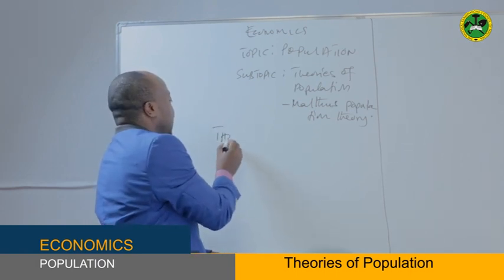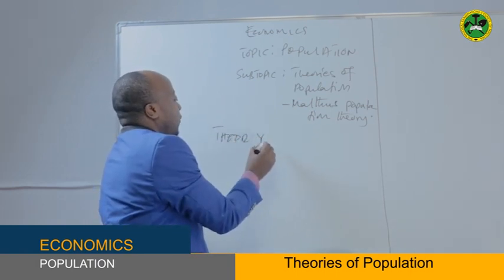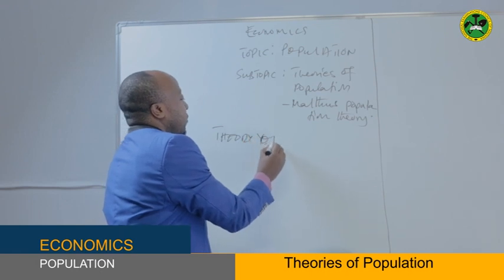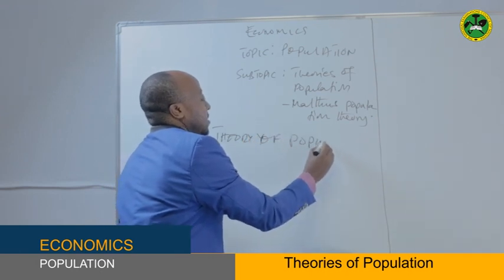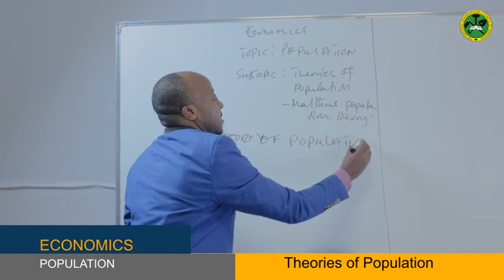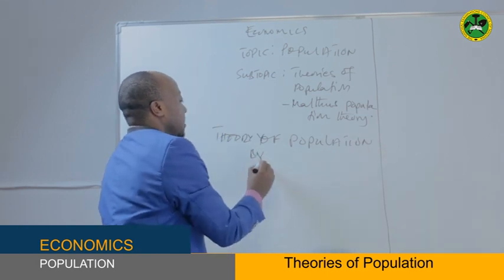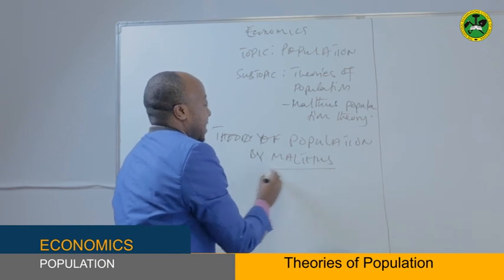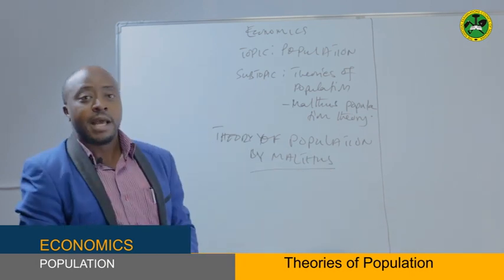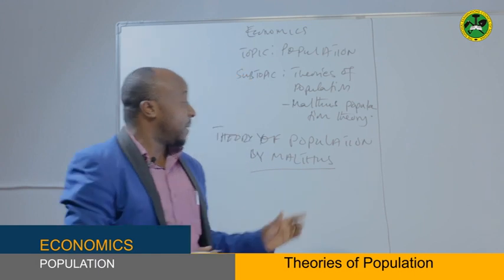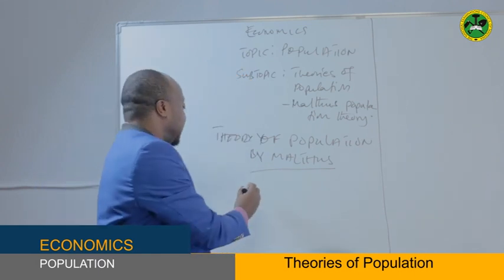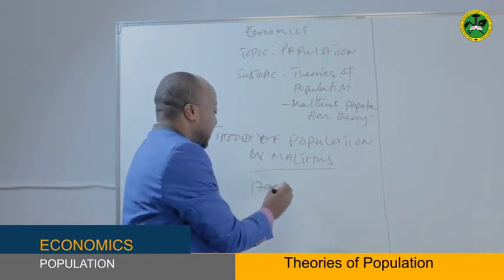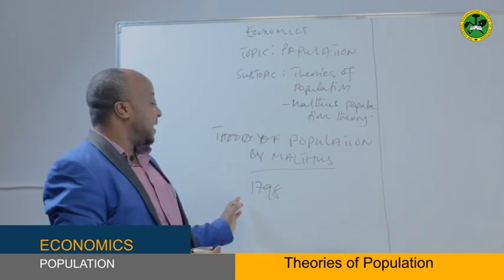So we have the theory of population by Malthus. As I said, it is the Malthus population theory. This theory was developed in 1798.